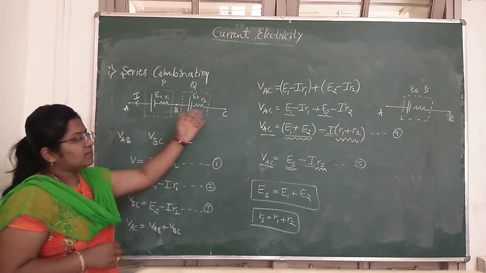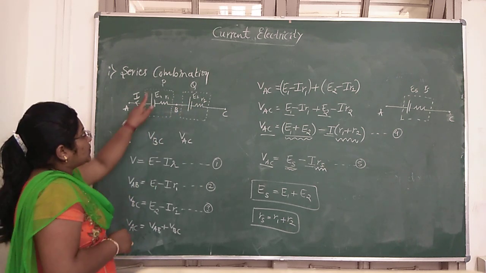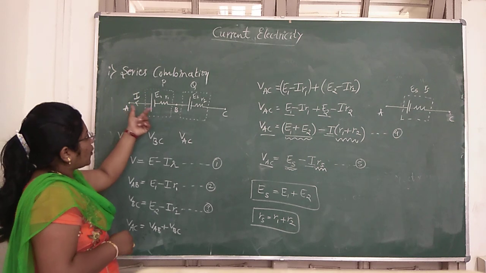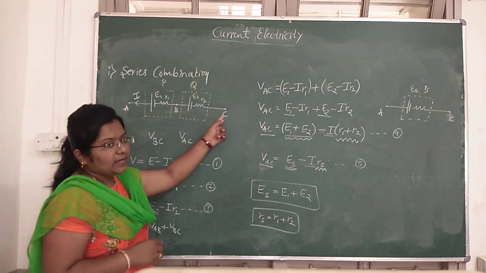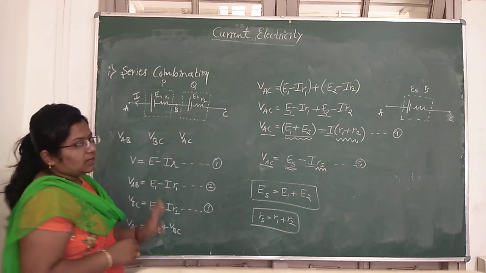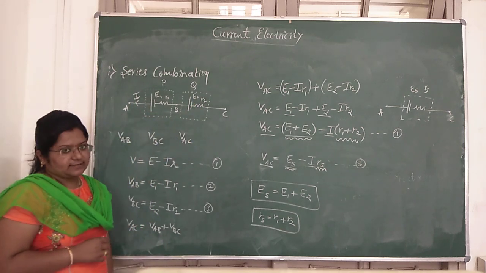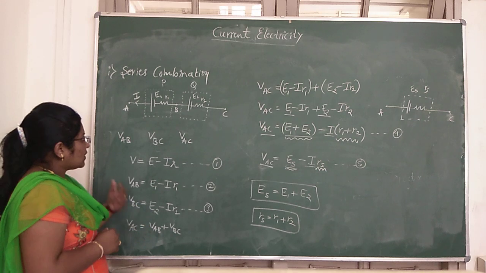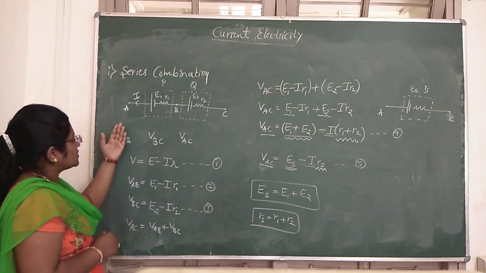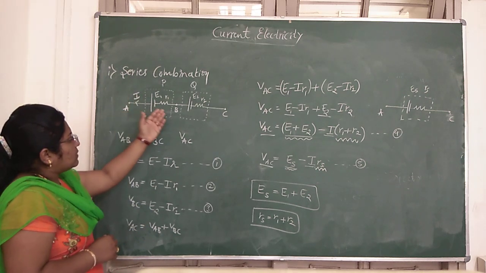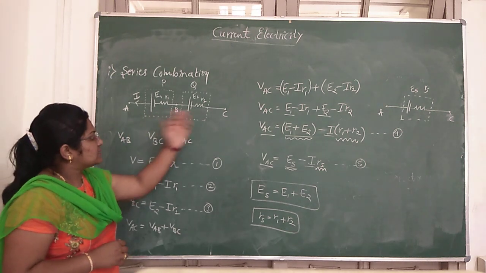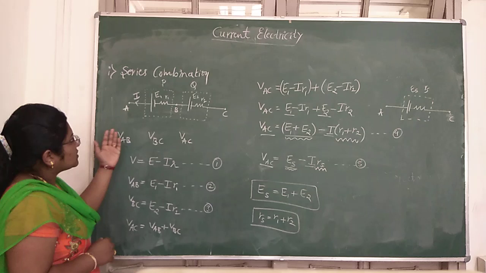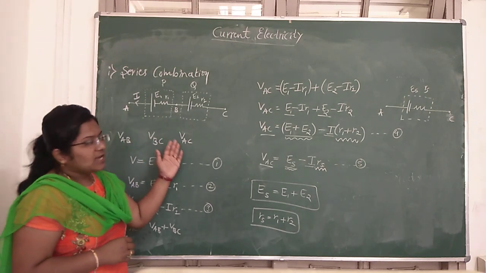We have combined them in series, and P is located between the points A and B. Q is located between the points B and C, and I is the current sent by those two cells. And we are considering the potential difference between A and B is VAB, between B and C is VBC, between A and C is VAC.